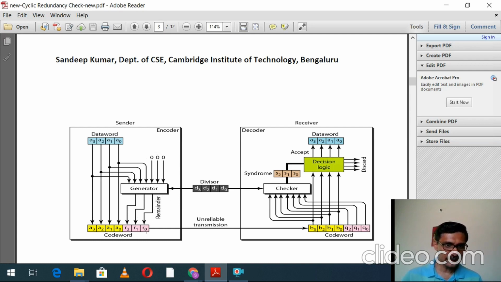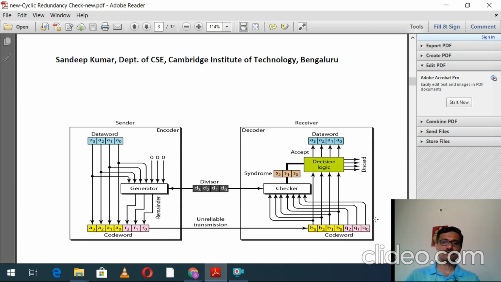So finally, we form a code word: the k-bit data word plus the remainder, together added to form the code word. The code word is sent to the receiver.